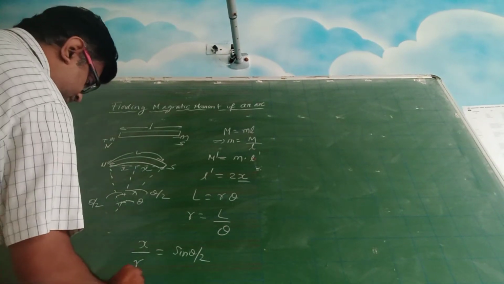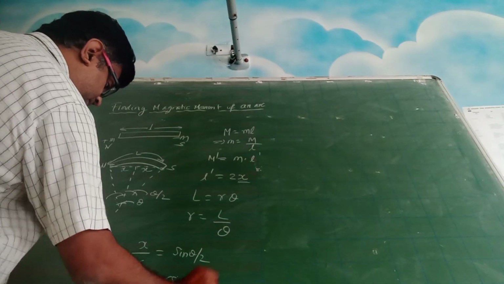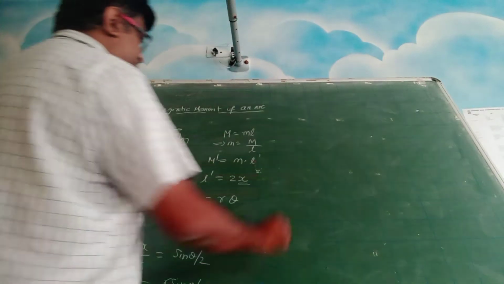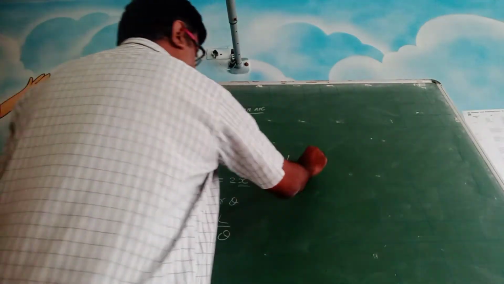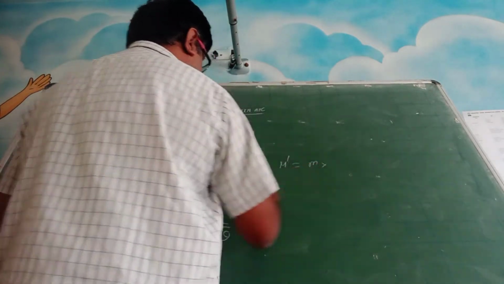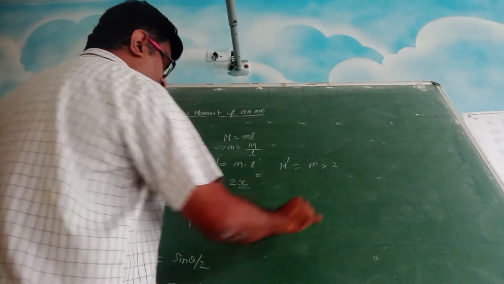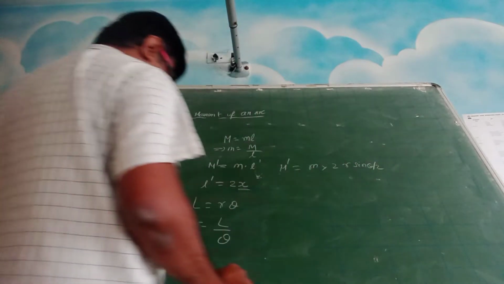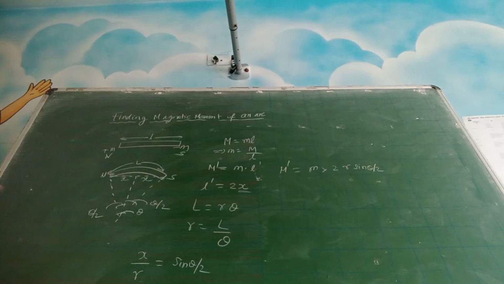So from here x is equal to r sine theta by 2. Now let us start solving for M dash. M dash is equal to M multiplied by 2x, and 2x is 2 into r sine theta by 2.